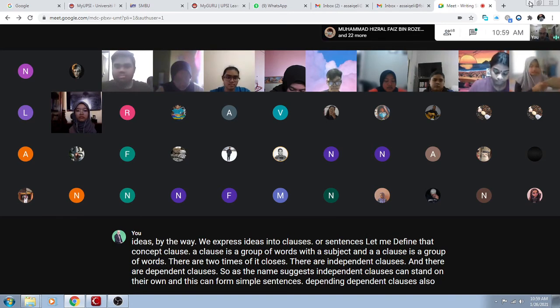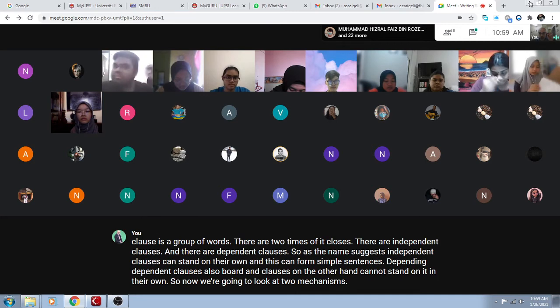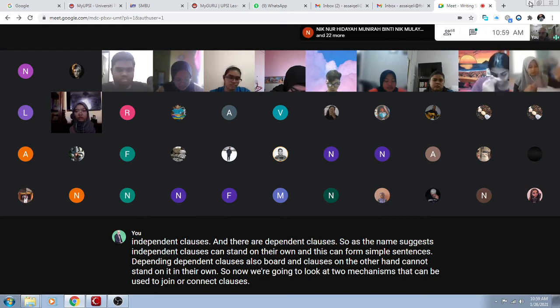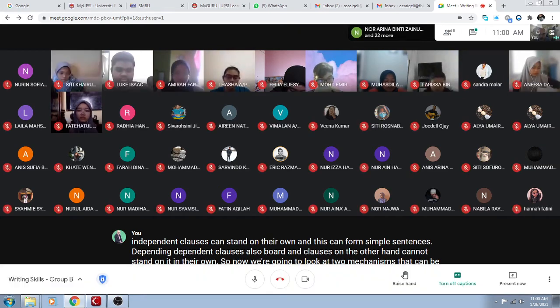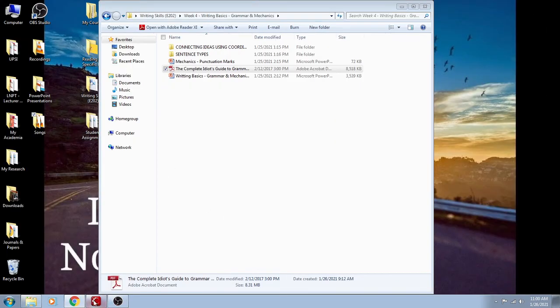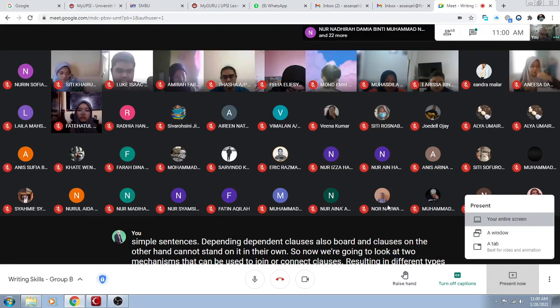Now we're going to look at 2 mechanisms that can be used to join or connect clauses, resulting in different types of sentence structure: compound sentences, complex sentences, and compound complex sentences. Let me present.